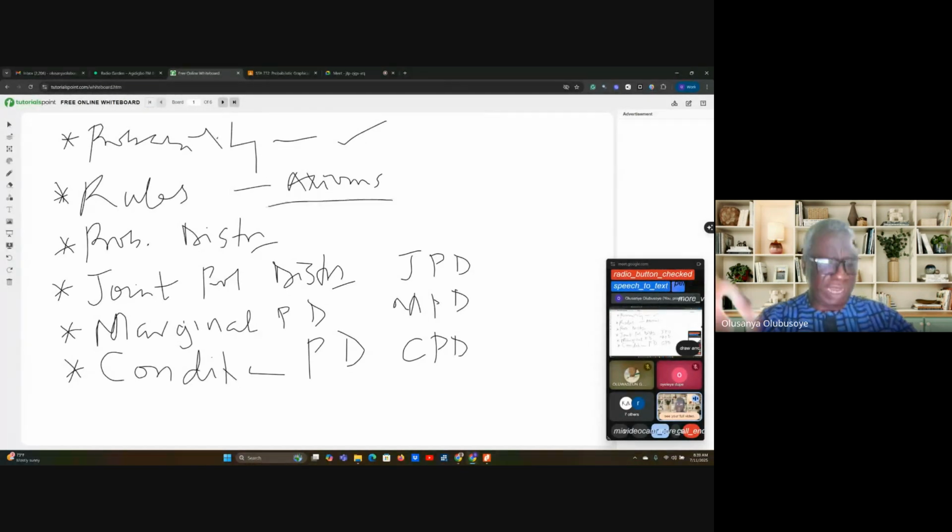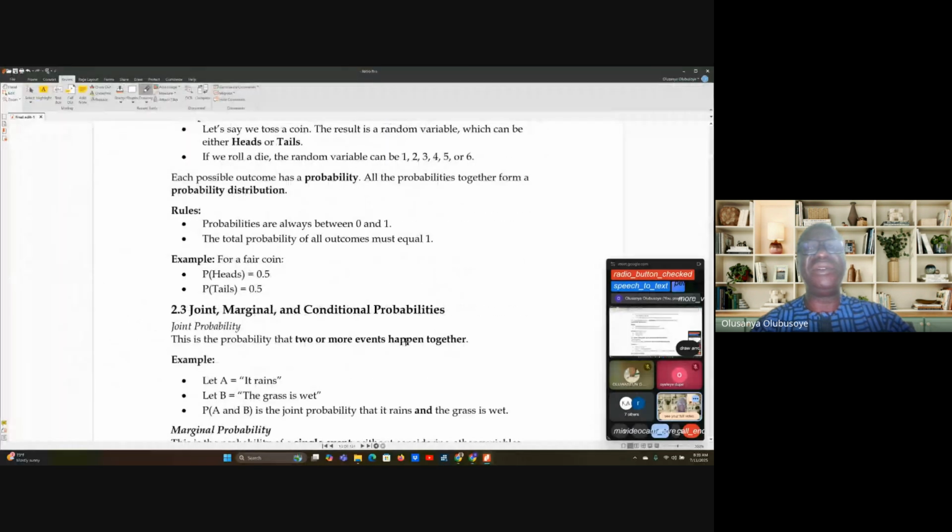Now we talk about the rules of probability. In our manual, we talk about these rules. There are more than that, but this is basic.